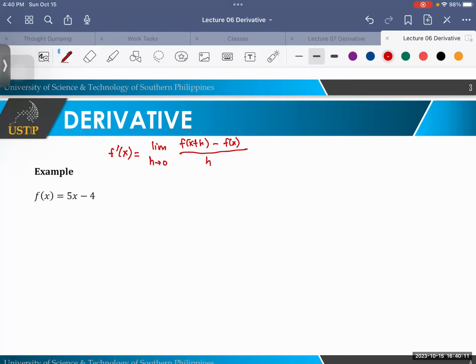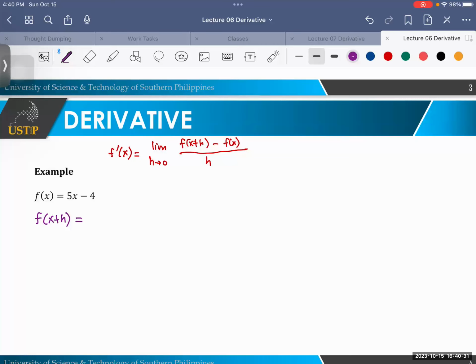So what do we need? We have f of x and we need f of x plus h. You already know how to evaluate a function, right? So let's evaluate. We need f of x plus h because that's what is in our limit formula.